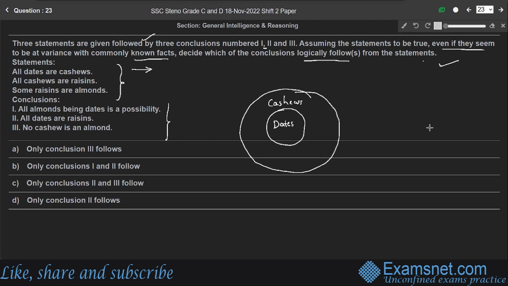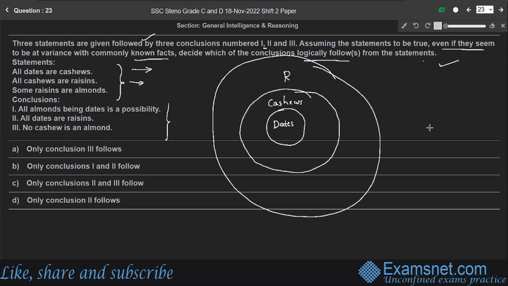And all cashews are raisins. So the set of cashews is completely included in the set of raisins, right? And the third statement is some raisins are almonds. So we can consider some portion from raisins, right, are almonds.